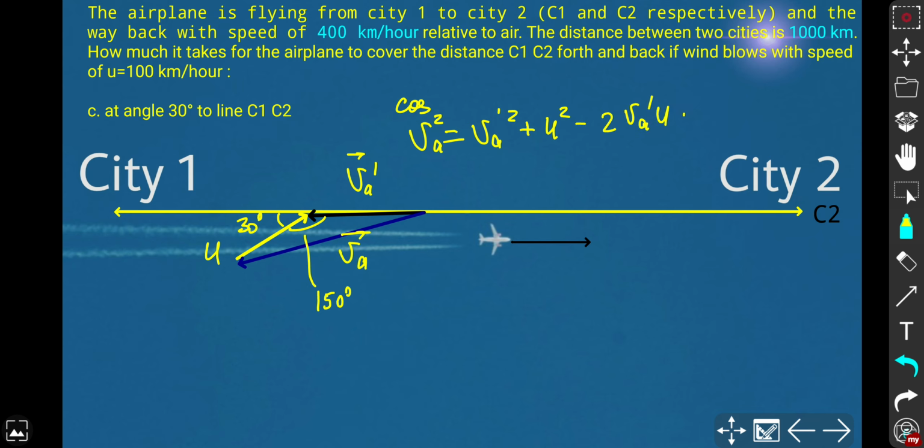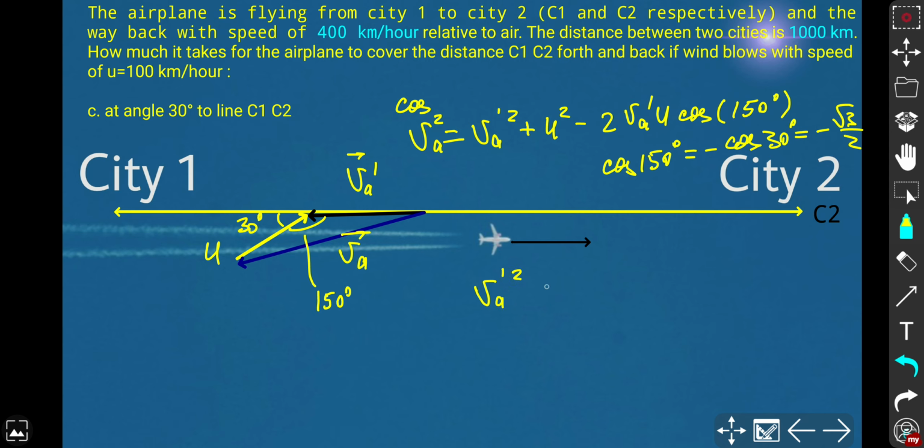So cos 150, make sure you remember trigonometry, cos 150 degrees is minus cos 30. That means it's negative square root 3 over 2. So we can plug in all the values and complete the equation in order to figure out VA prime.